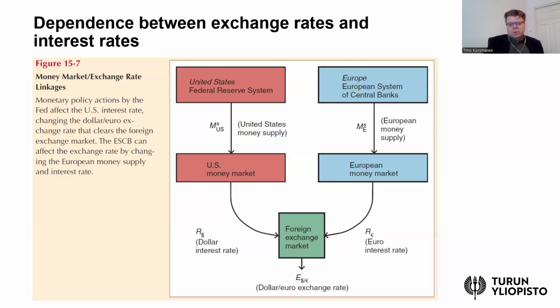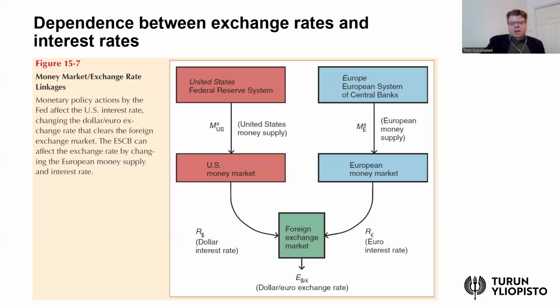The purpose of setting the interest rate is not to influence the euro-dollar exchange rate; both in the USA and in Europe, the central banks mainly care about inflation and price stability and set the interest rates accordingly. But still, of course, the interest rates have very big importance regarding how the exchange rate between euro and dollar develops.